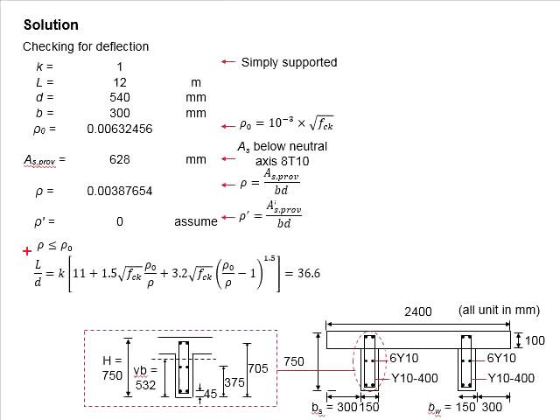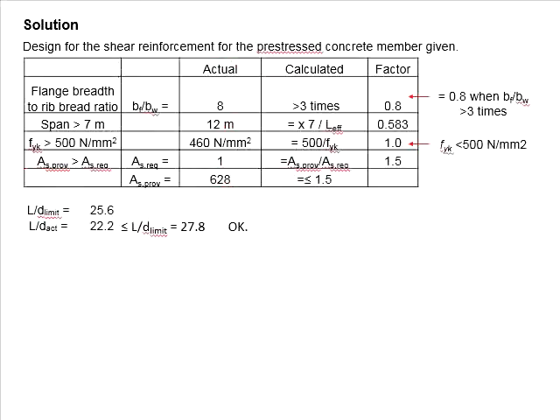Based on the basic L per D ratio of 36.6, it is then multiplied with the factors of 0.8, 0.583, 1.0 and 1.5. Multiplying all the factors with the L per D limit, you obtain 25.6.